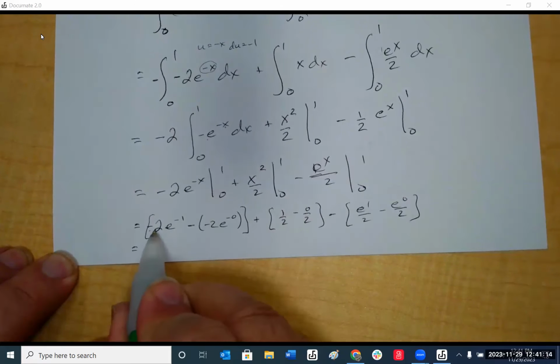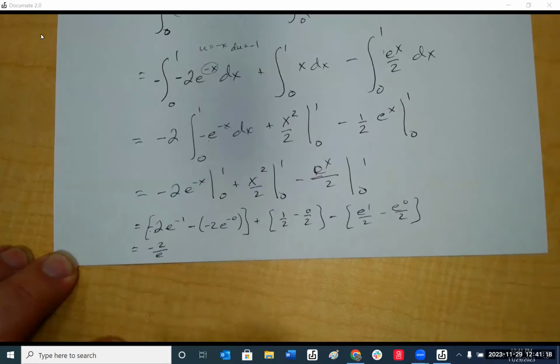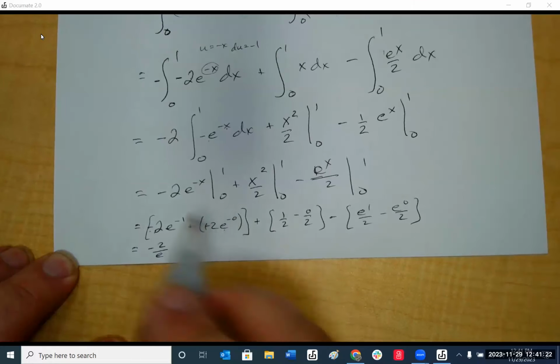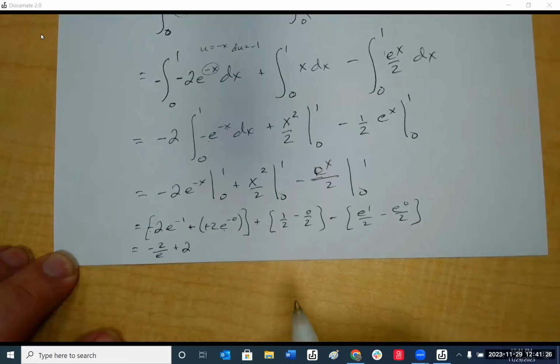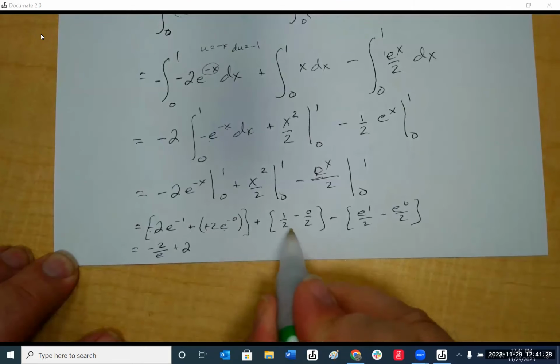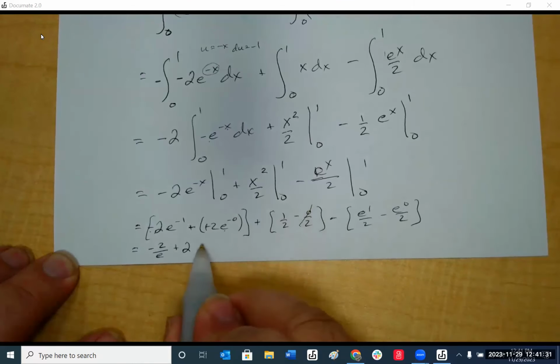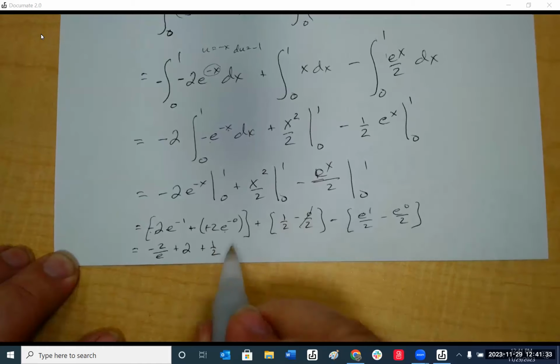So -2 times e to the 1 is -2 over e. This becomes a positive. E to the 0 is 1, so it's +2. This is 0, so it's plus 1/2.